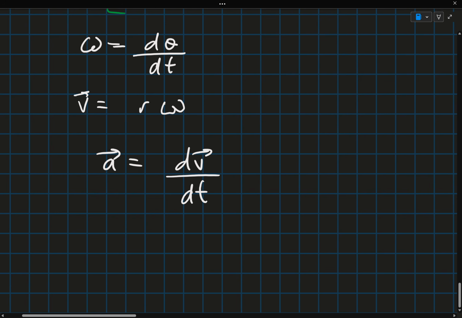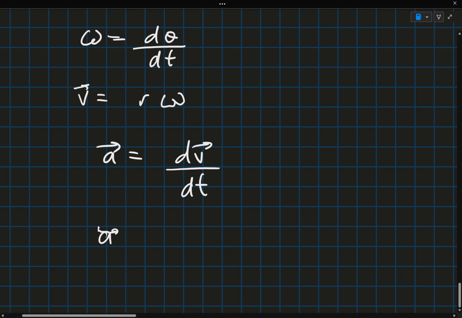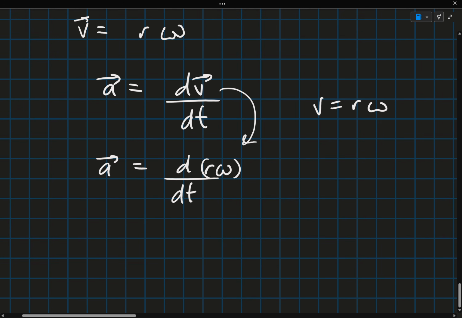We can also reduce the acceleration. So acceleration is also equal to the change in the linear velocity, as we stated here. So this is the same as that above. Remember, v is equal to r omega, so we just plug that in.